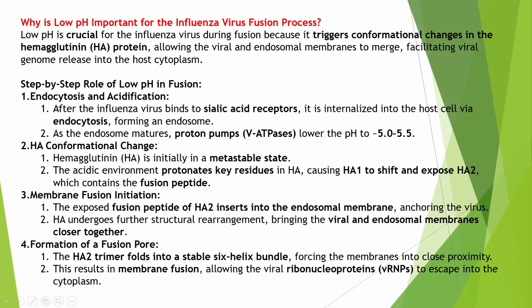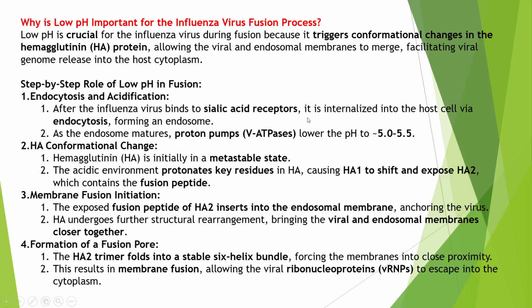So the first is endocytosis and acidification. That is nothing but low pH. After the influenza virus binds to the sialic acid receptors, it is internalized into the host cell via endocytosis, forming an endosome. As the endosome matures, the proton pumps, that is the V-ATPases, lower the pH to approximately 5 to 5.5.